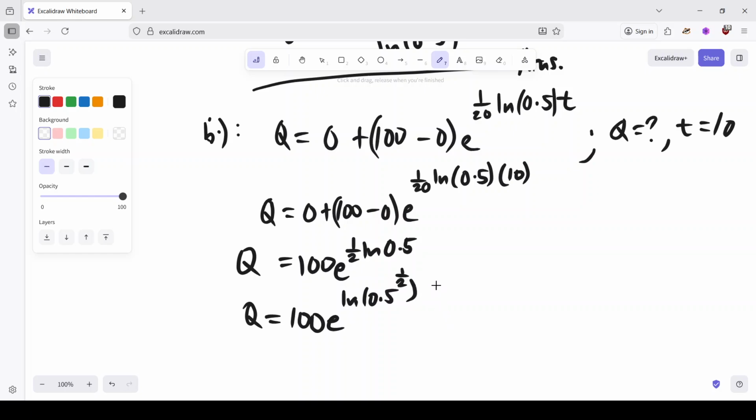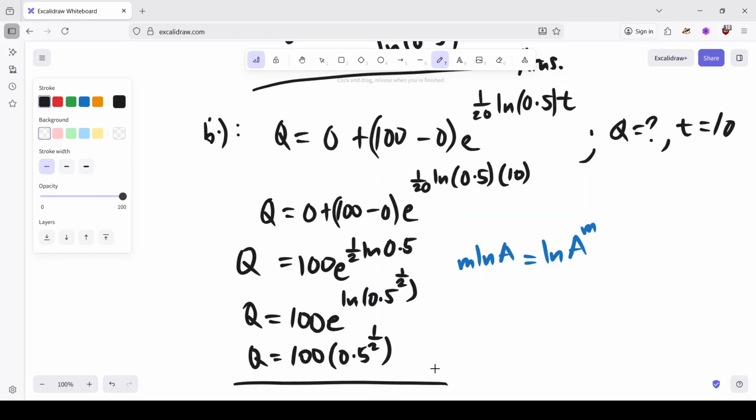So applying another property of ln, m ln of a is equal to ln of a raised to m. Then e and ln will be cancelled out, so 100 times 0.5 raised to 1 half. So this is an acceptable answer.